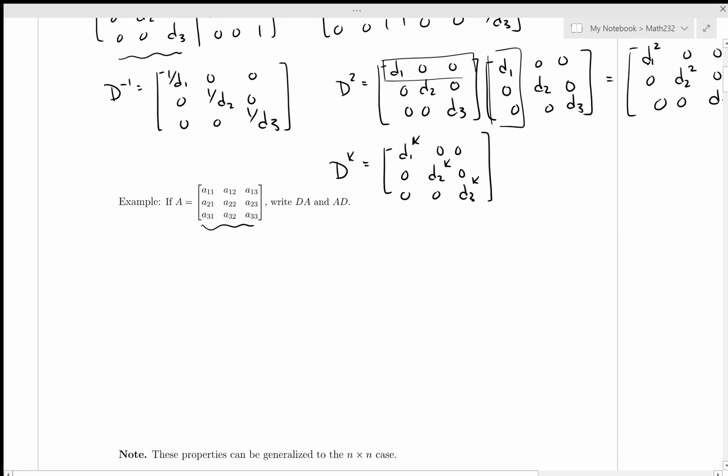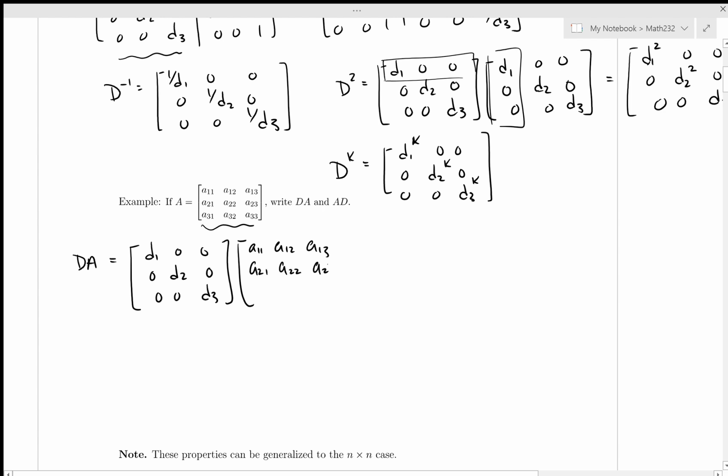Next thing we'll take a quick look at: what if I take any 3 by 3 matrix and multiply on the left by a diagonal matrix and on the right by a diagonal matrix? Let us see what happens. So I'll go D times A, and that will be D1, 0, 0, 0, D2, 0, 0, 0, D3, multiplied by A, which is a11, a12, a13, a21, a22, a23, a31, a32, a33.